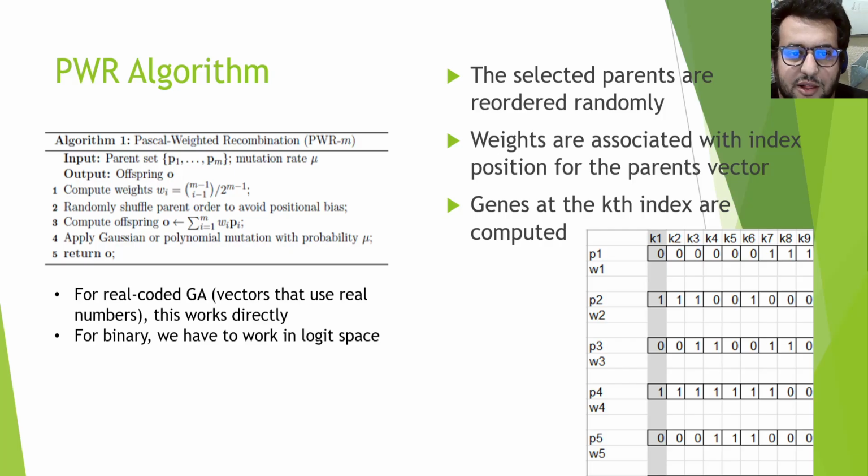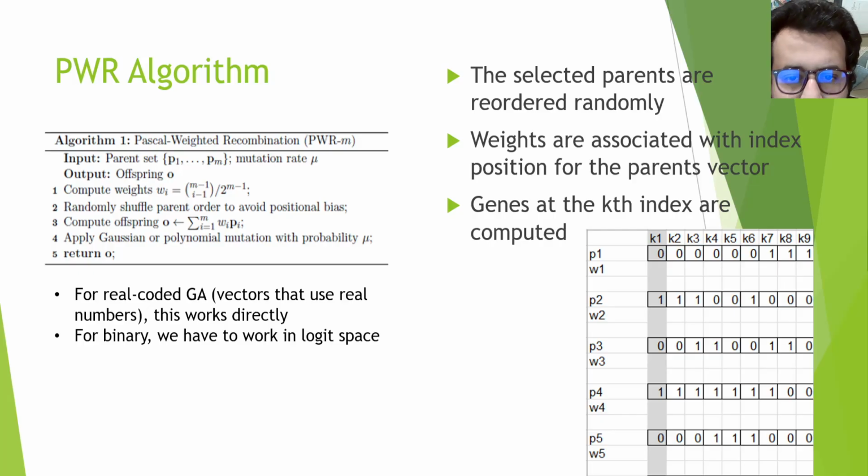So in the paper, the algorithm is essentially set out exactly like this. This is a copy from the document itself. What it's saying is the input should be that parent set, and we can have a mutation rate that we can talk about later.